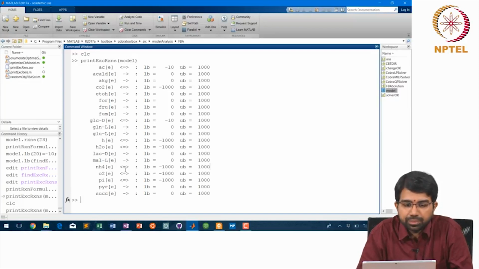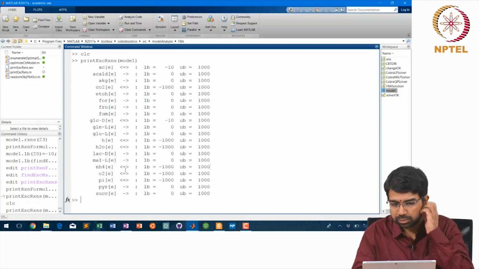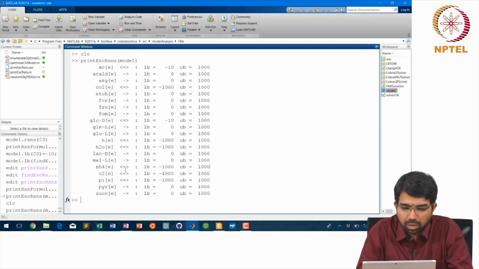So the biomass reaction had all the nutrients or reactants in certain ratios.